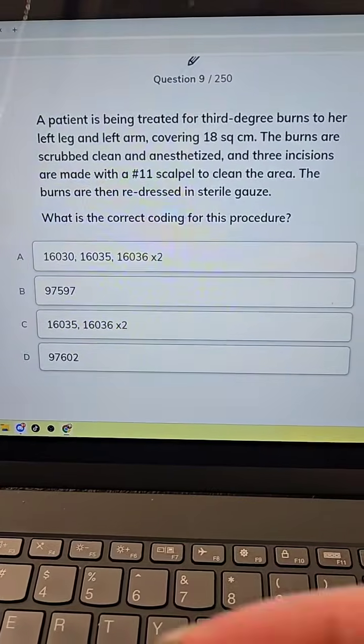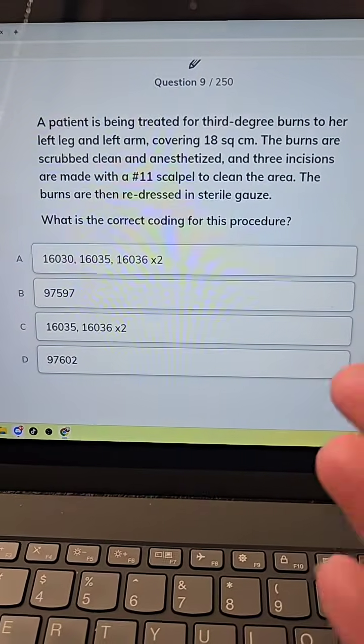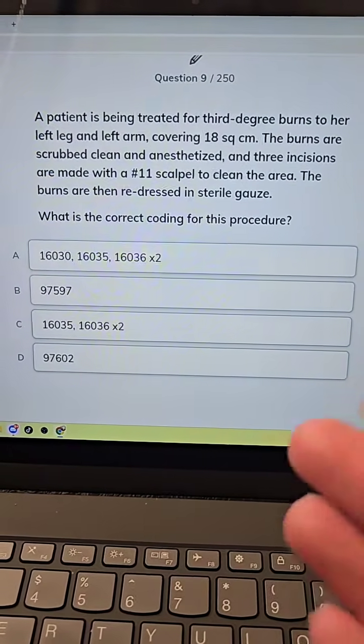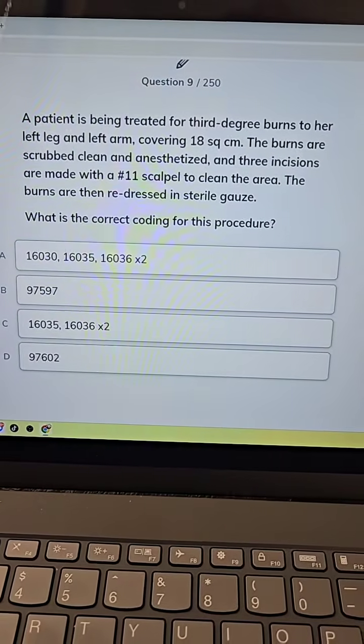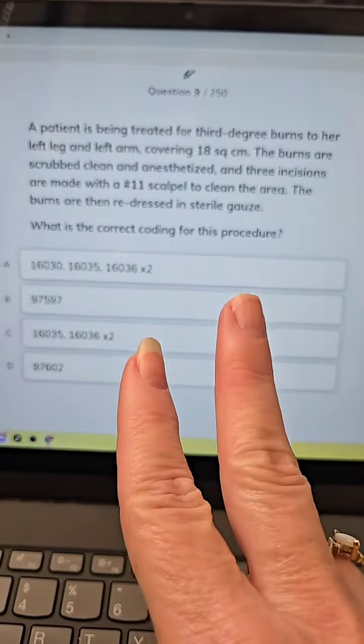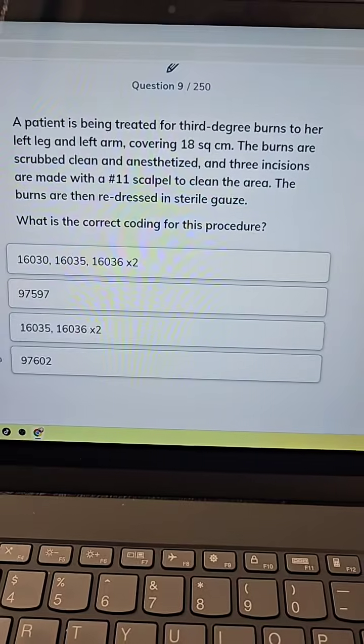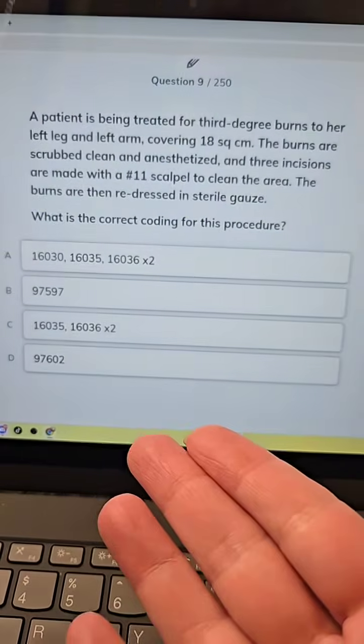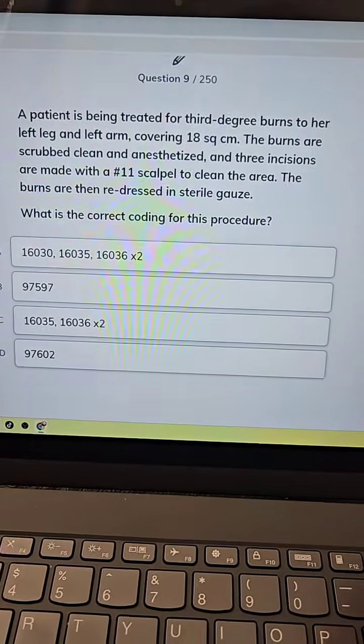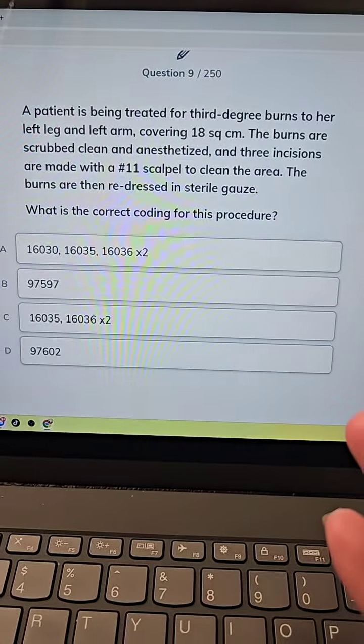If a doctor gives you a prescription and you overdose on it but you took it correctly, then it flips: the symptom, the R code, goes first, and then the name of the drug, which is the external cause code.